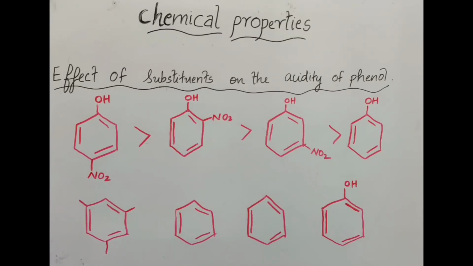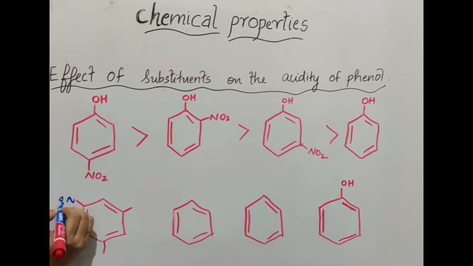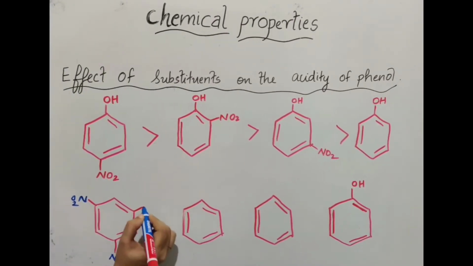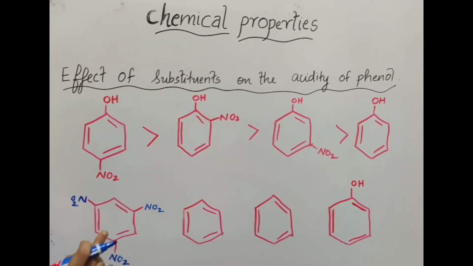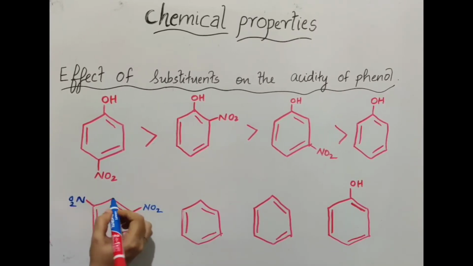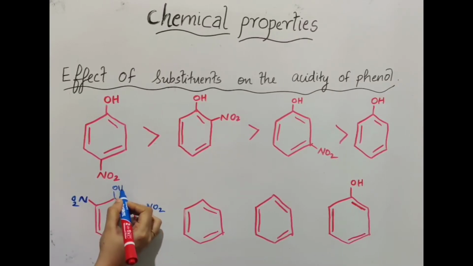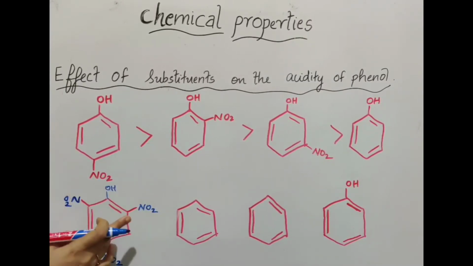Hence here we are putting 3 NO2 groups, at 2, 4, 6. We can call it 2,4,6 trinitrophenol.